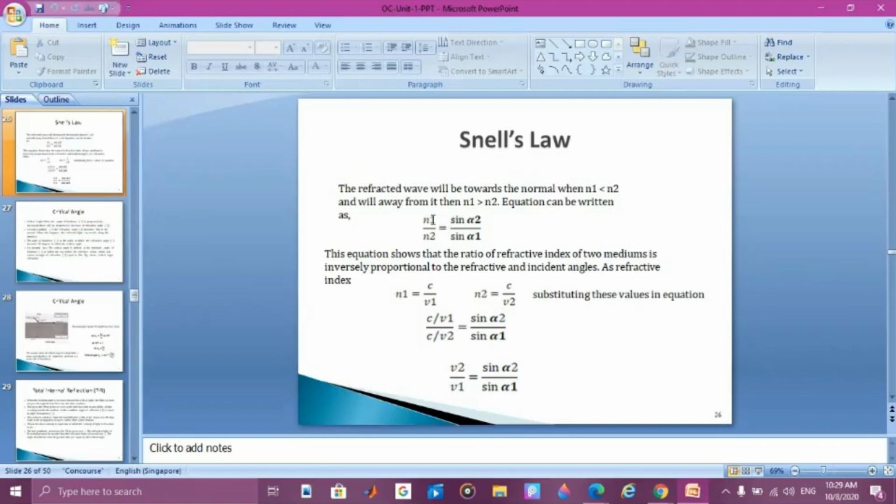Then c by v1 over c by v2 equal to sin alpha 2 divided by sin alpha 1. What happens? c cancels. So where does v2 go? It goes to the numerator. So v2 divided by v1 equal to sin alpha 2 divided by sin alpha 1. Okay. So this is the Snell's law equation.